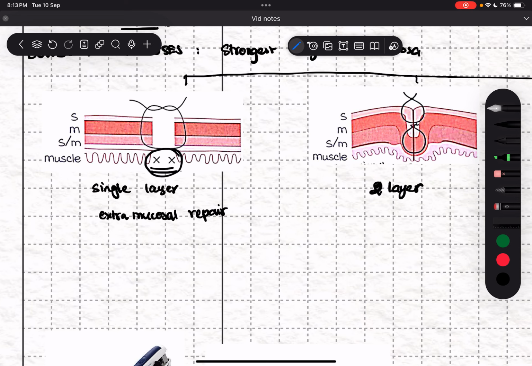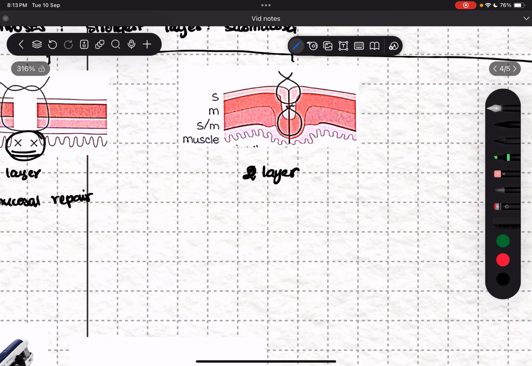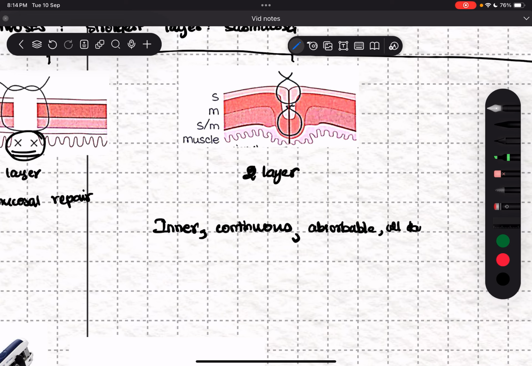Have a look. Here there are two types of sutures: an inner continuous suture, involving the stitching of all the layers, and it is an absorbable suture. Absorbable means it is vicryl.